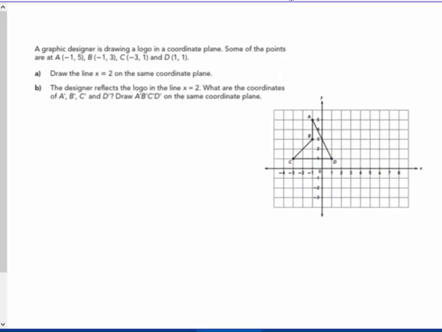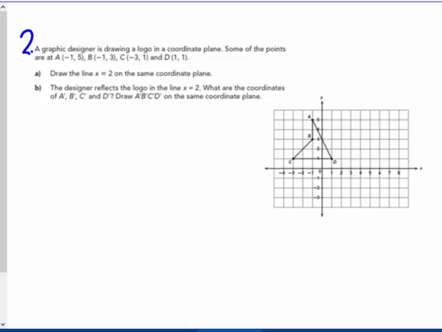Let's go on to number 2. Number 2, a graphic designer is designing a logo in a Cartesian plane. Some of the points are at A is -1, 5, as we can see. B is -1, 3. C is -3, 1. And D is 1, 1.